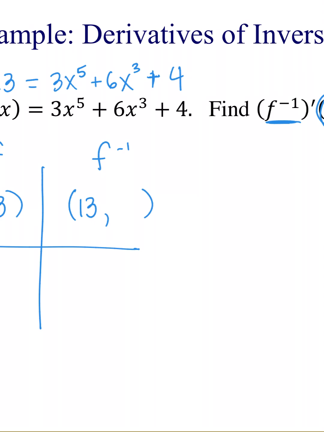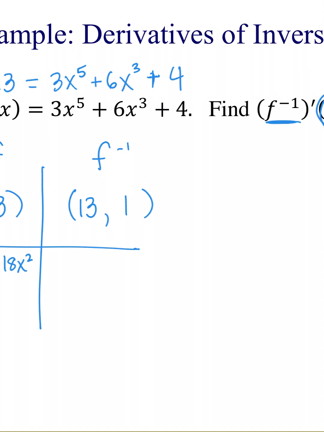Okay, so if 1 is there, where else is 1? Over here. All right. My next step is to find the derivative. So my f prime is going to be 15x to the 4th plus 18x squared. And what do I plug into that to find the value of the regular derivative? I plug 1 in.